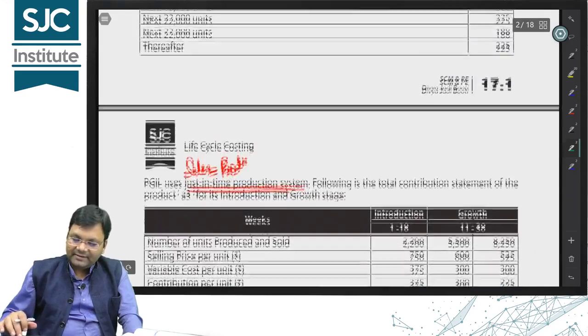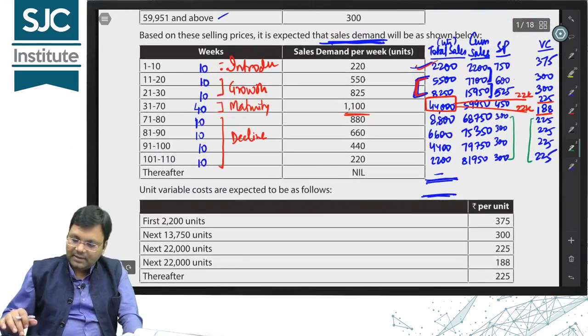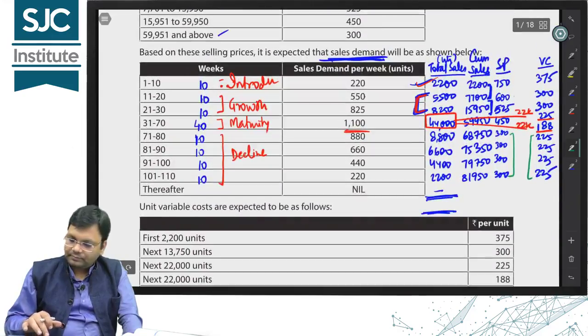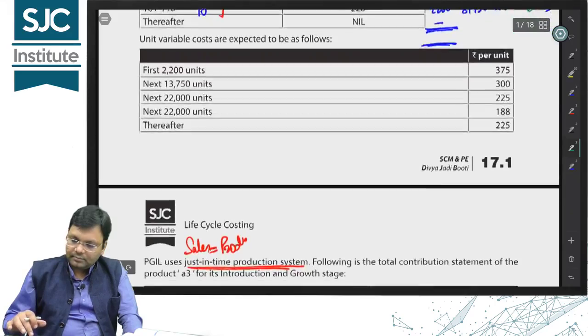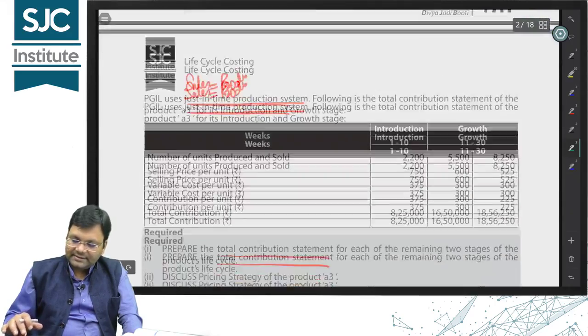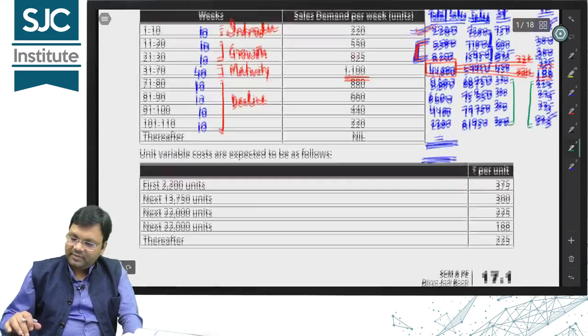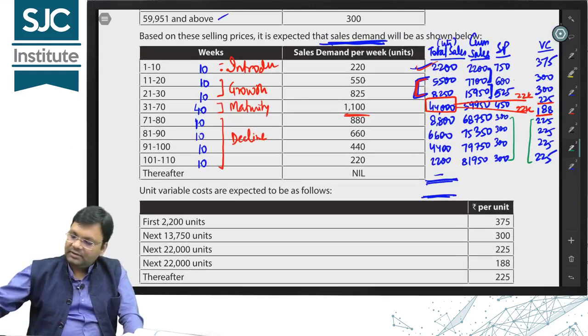And the decline phase is the remaining units. How many units will it be? You can add all these units: 8800, 6600, 4400, 2200, 22,000.